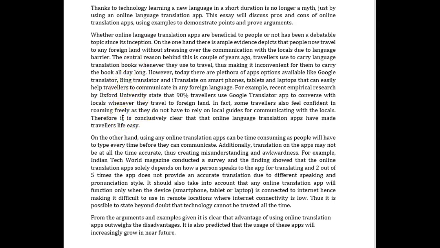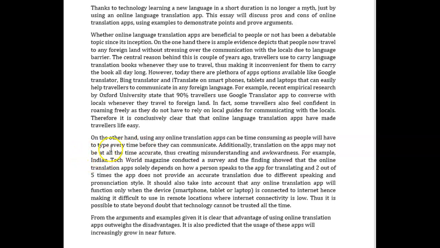On the other hand, using any online translation apps can be time consuming. How about not any, but just using online translation apps can be time consuming, as people will have to type before they can communicate. That's what you want to say. Additionally, translation on the apps may not be accurate.